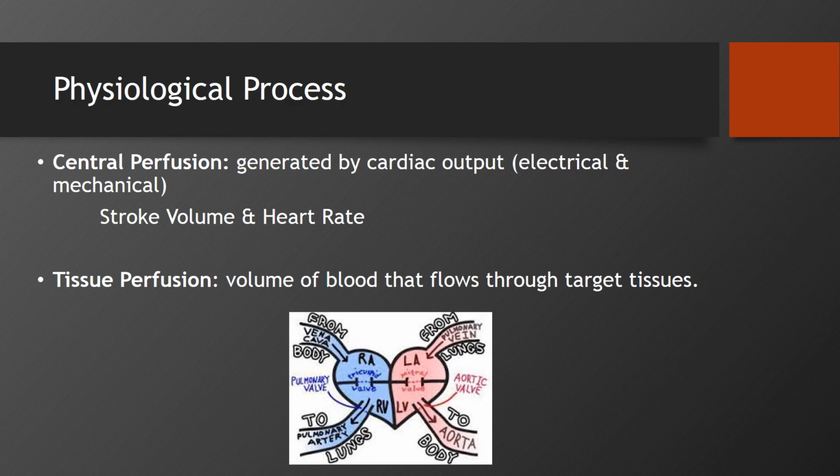So it may sound a little bit confusing, but just know that your stroke volume times your heart rate is what determines your cardiac output. On average, adults usually have a cardiac output of about 4 to 8 liters per minute.